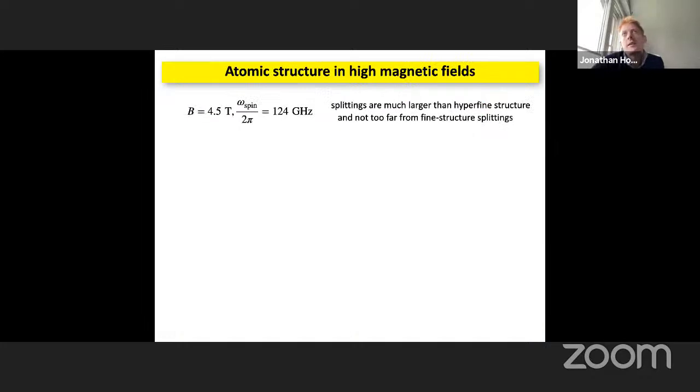Okay, so this is probably one of the two reasons why people working in quantum information with trapped ions don't naturally work with Penning traps. One of them you've already seen is the complication of cooling the magnetron motion, but the other is atomic structure. One thing that happens at high magnetic fields like several Tesla is that your splittings are very large.